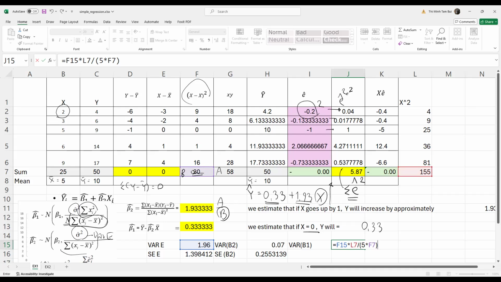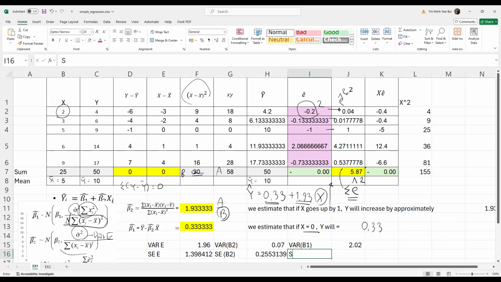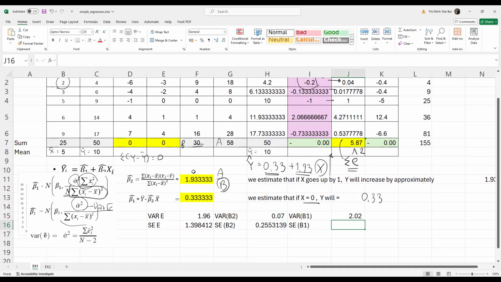And if you do it correctly, you will get 2.02. And then you calculate standard error by using the square root. You will get 1.43.